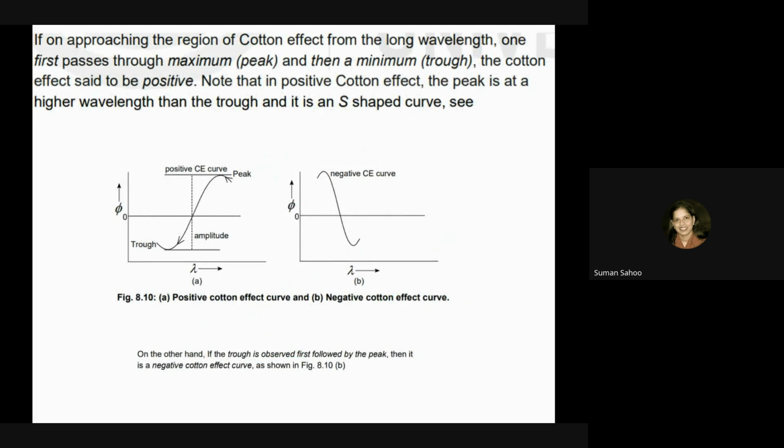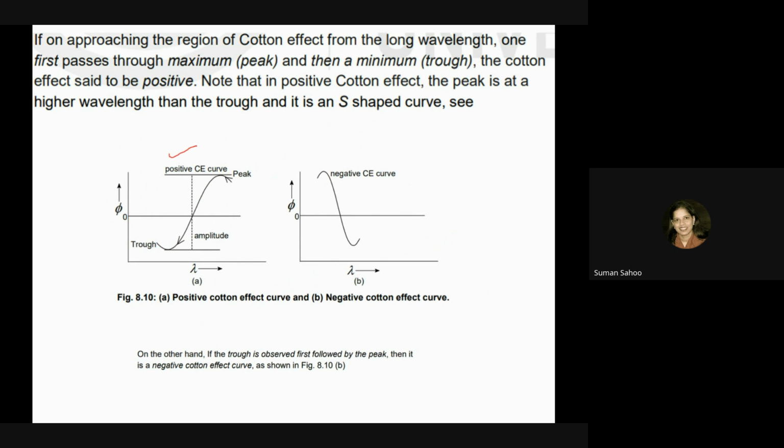But when you have a chiral compound, in that case you get a maximum and a minimum. So in any compound, if with the decrease in wavelength it first goes through a maximum, then it goes through a minimum, then that effect is known as your positive Cotton effect.